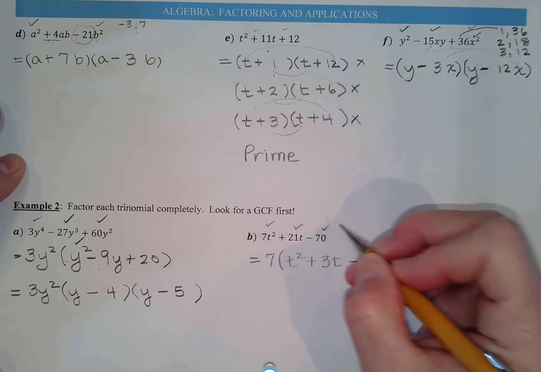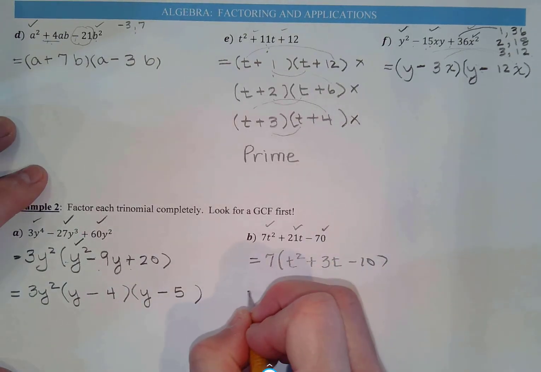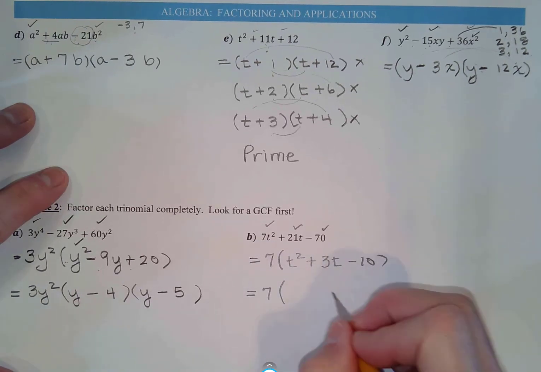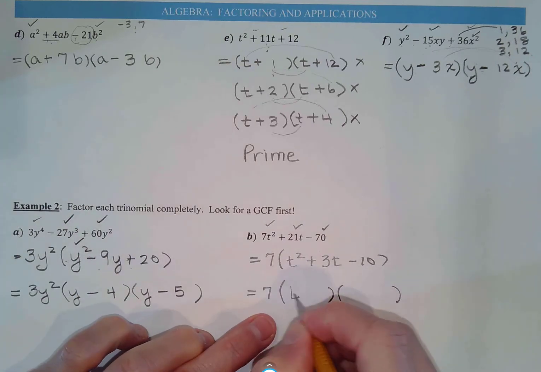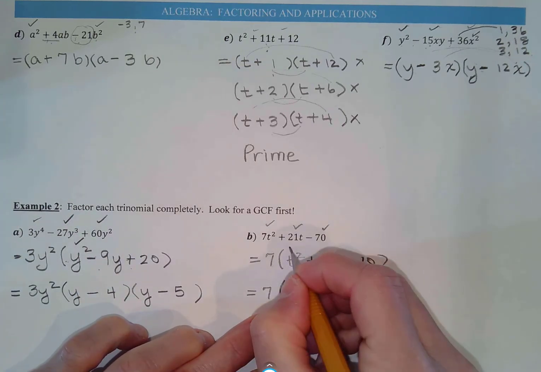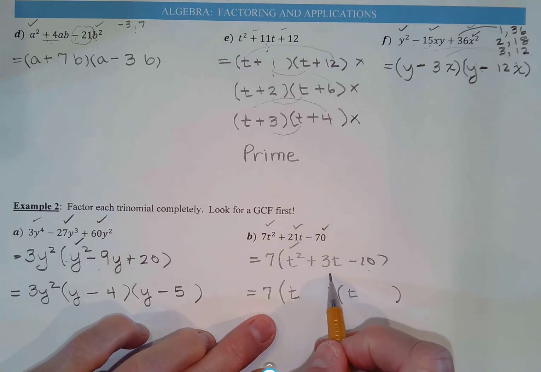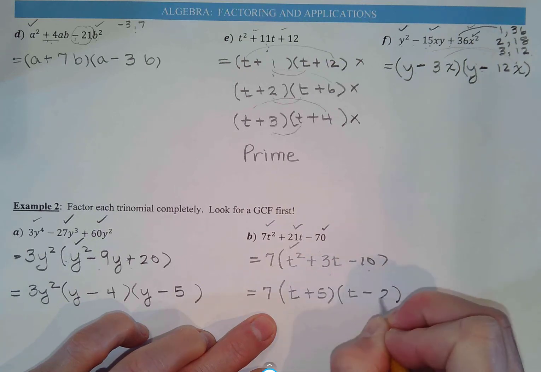And let's continue factoring if possible. Don't lose your greatest common factor. Let's see, t times t gives t squared. Factors of negative 10 that sum to 3 are plus 5 and minus 2. Again, make sure you check that by multiplying.